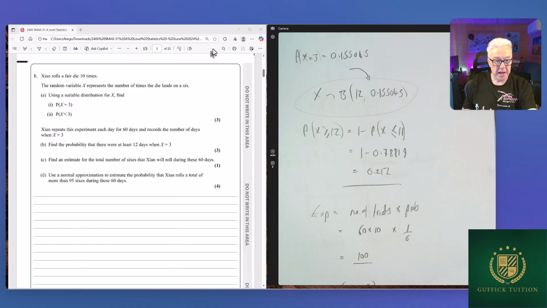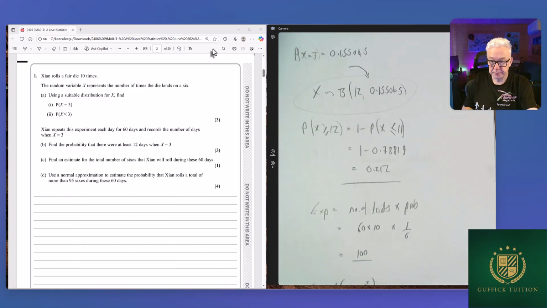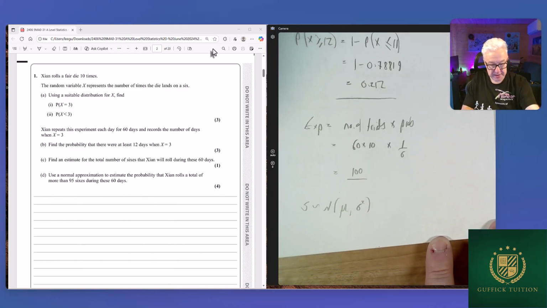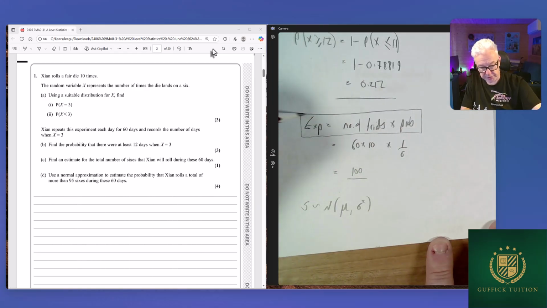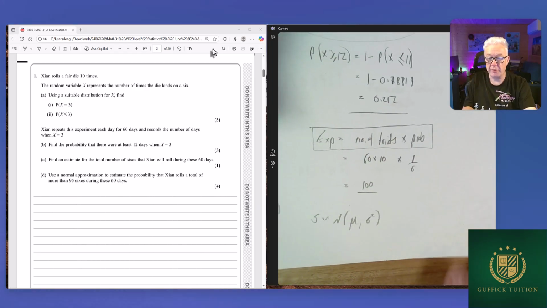Now, part C says find an estimate for the total number of 6s that 𝗀 will roll during these 60 days. Expected number of outcomes is equal to the number of trials times the probability of the event.